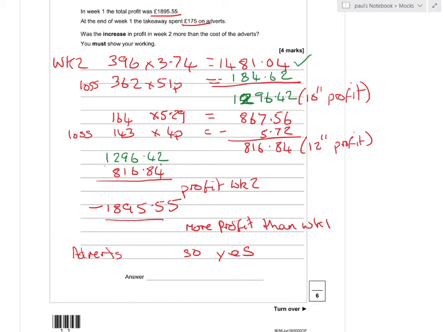So add 816.84. That's 2113. Even that's not right, is it? 816.84, 1296.42. So add them together is 2113.26.